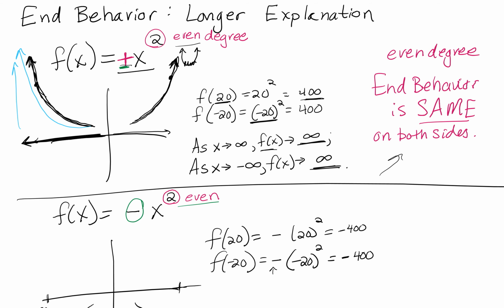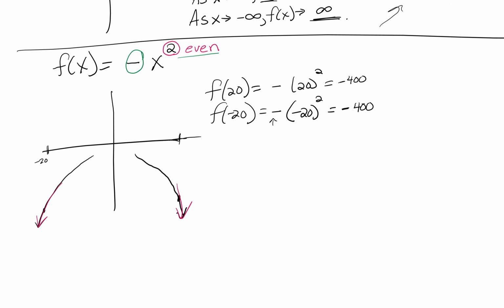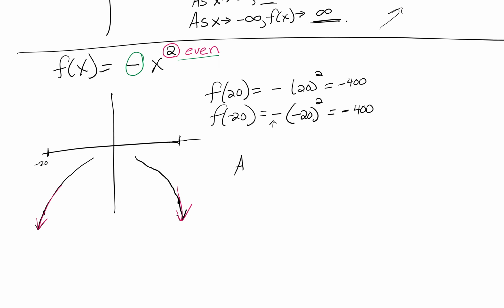Let's write that same type of statement for this other one that we were working on. Okay, so as x approaches infinity, f of x approaches what? As x approaches infinity, that means as x gets bigger, what are my y values doing?